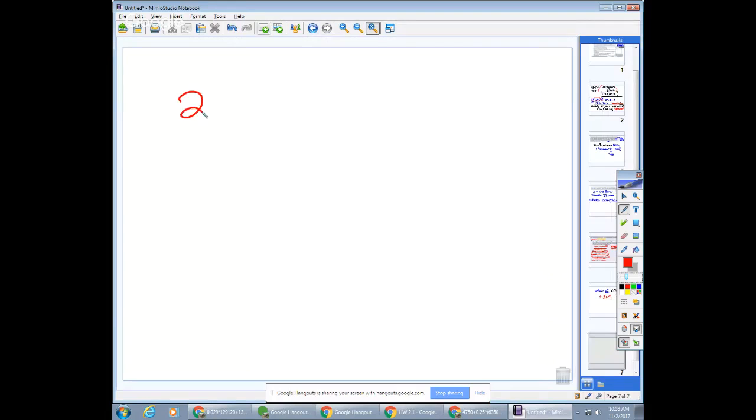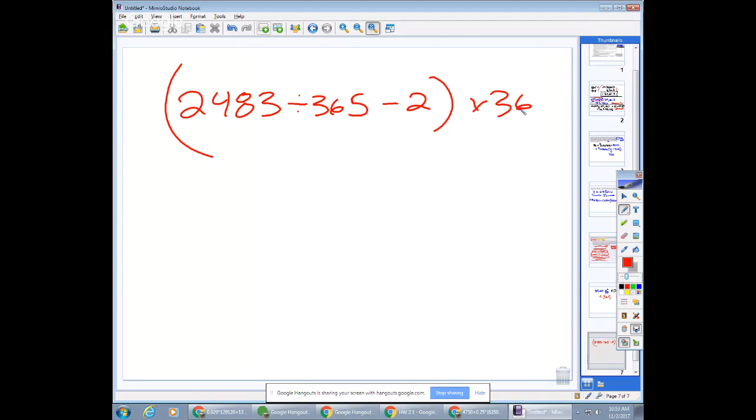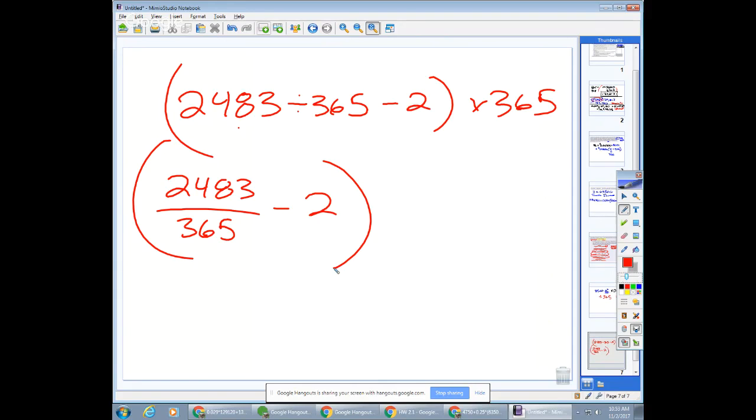So they said to take the 2,483 and divide it by 365, and then subtract 2, and then multiply by 365. So I'm just going to rewrite this part as a fraction: 2483 over 365, minus 2, and then times 365.